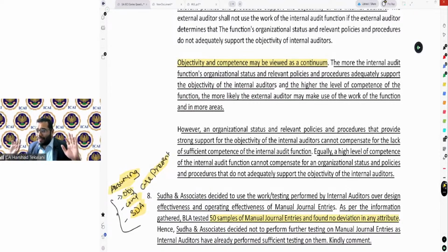I already have 50 samples which have been tested by the internal auditors, and Sudha and Associates are saying that they already have sufficient testing on hand. That is 50 samples.